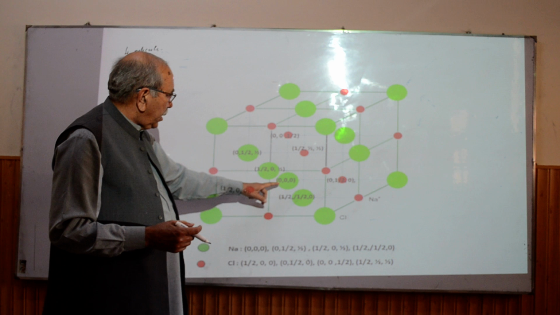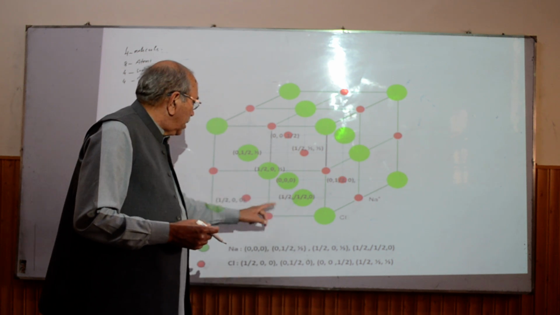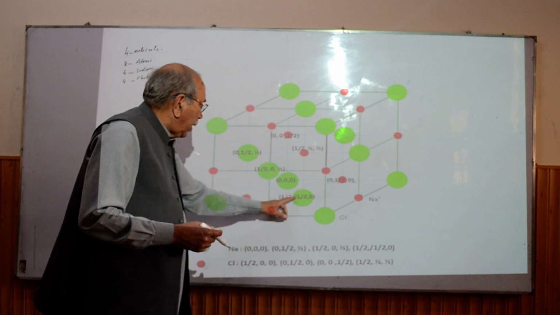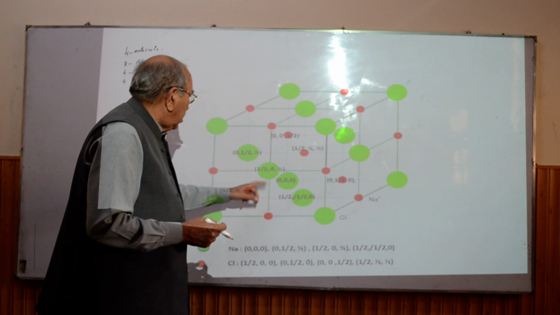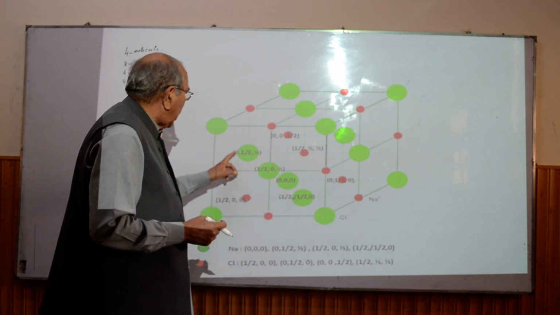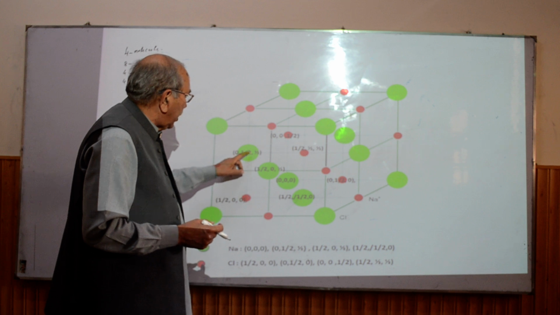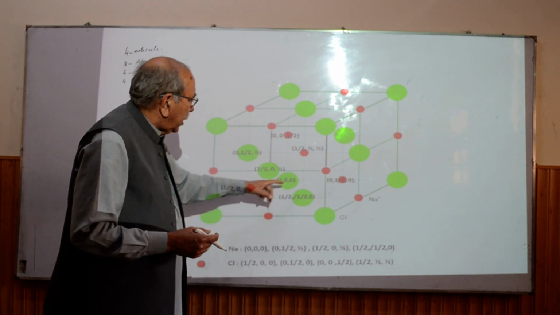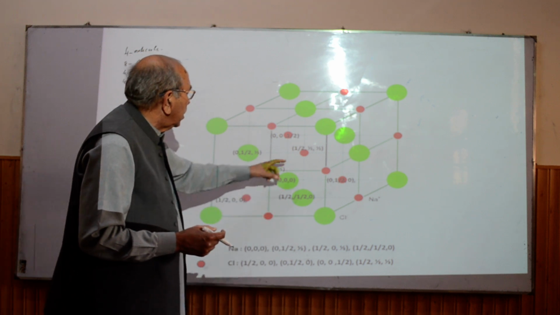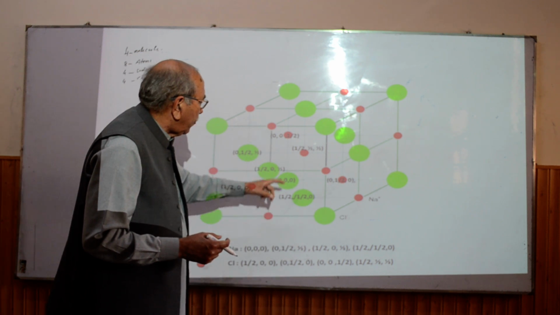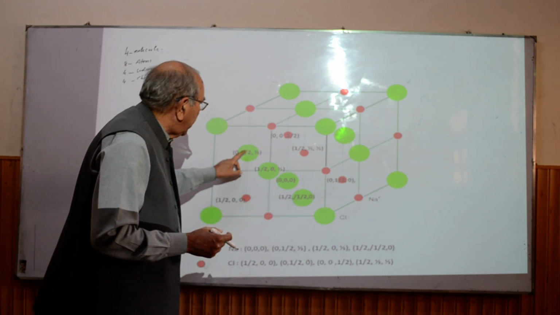So their coordinates are 0, 0, 0, then 1 by 2, 1 by 2, 0, then 1 by 2, 0, 1 by 2, and 0, 1 by 2, 1 by 2.